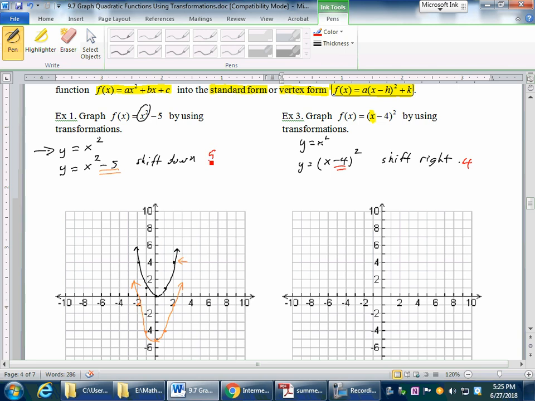So now, graphing the parent's graph quickly. Now I'm only going to use 3 points because we graphed a few times already. So 0, 0, 1, 1, and then negative 1, 1. And if you want a better graph, 5 points is better, right? So now I have my parent's graph right here.